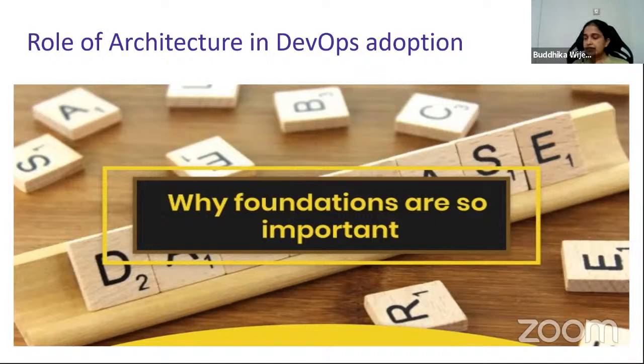Without a proper core, just by changing the tools, processes, or technology upgrades, we will not be able to achieve the maximum outcome of the changes that we do. There's always a limit when you do not have the proper architecture in place. So it is really important to have a DevOps friendly architecture.